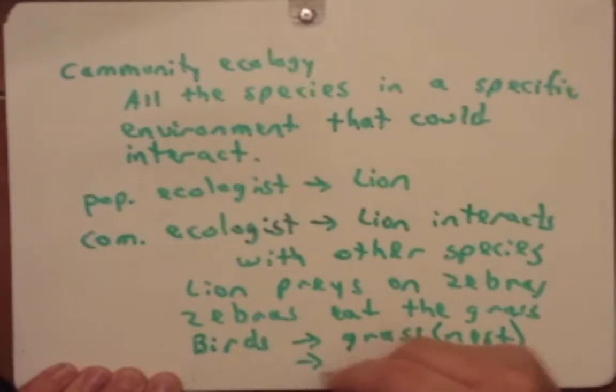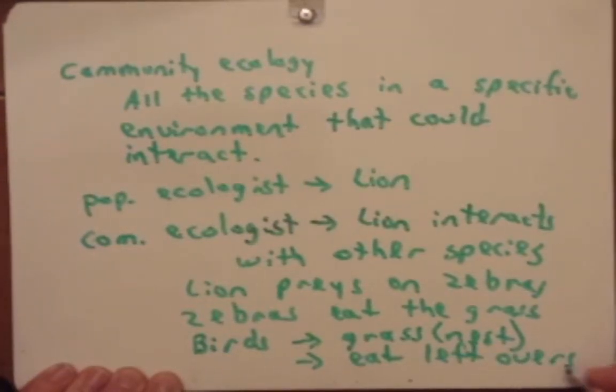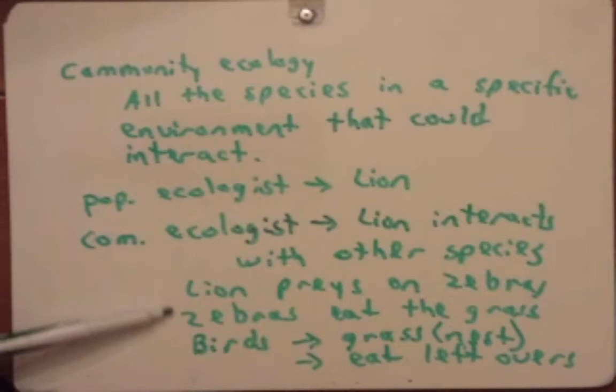They might also eat the leftovers of what the lion doesn't eat. So the community ecologist is really interested in all of these living organisms that are within this environment, as I described here, maybe like an African savanna.